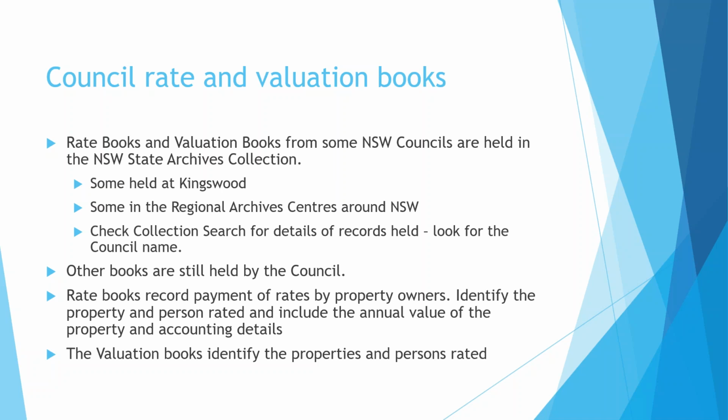Rate books tell you things like the payment of rates by the property owners. They'll identify the property and the person rated and include annual value of the property and the accounting details, so when they paid their rates, that kind of thing. And the valuation books really just identify the properties and the persons rated.